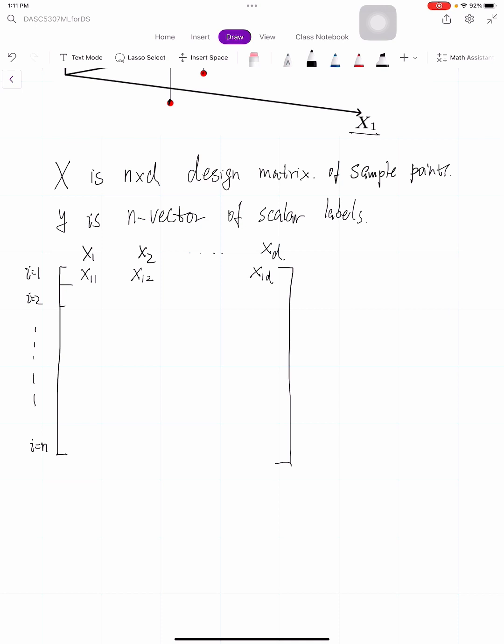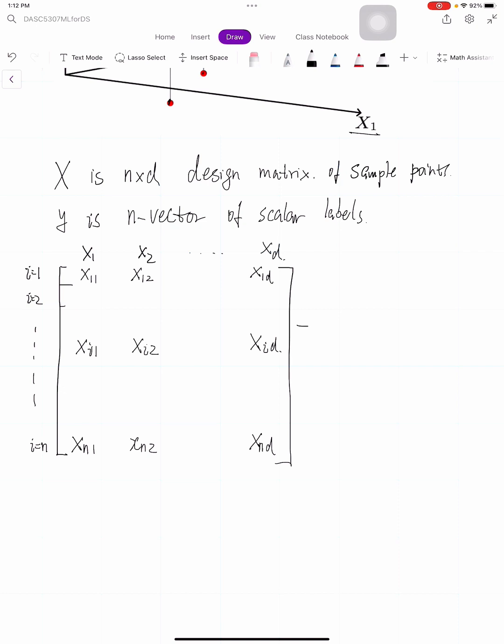So for each individual i, basically for the ith row, we have xi1, xi2, up to xid. Last, it will be xn1, xn2, up to xnd.